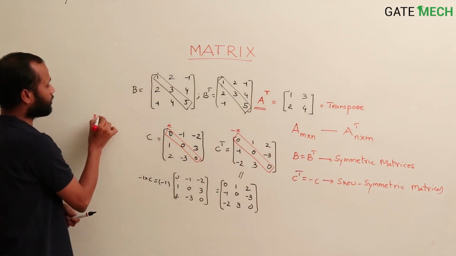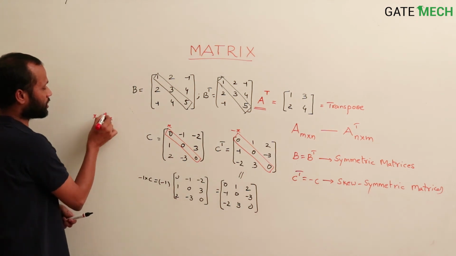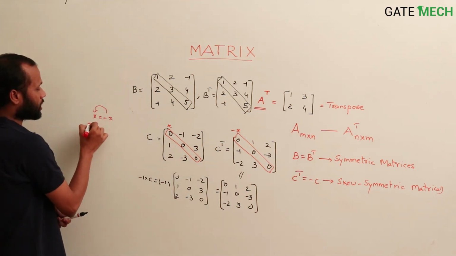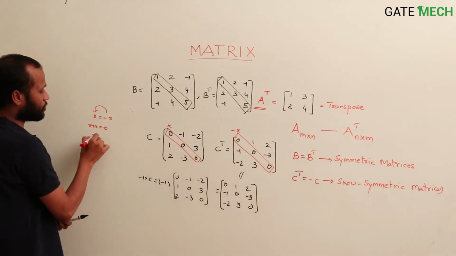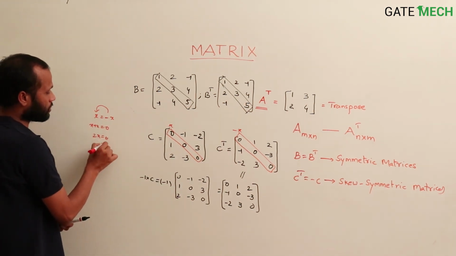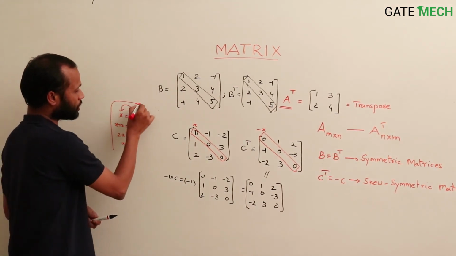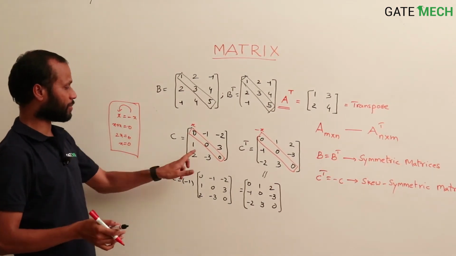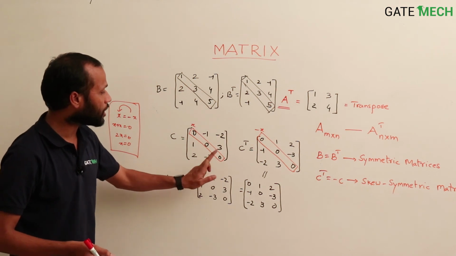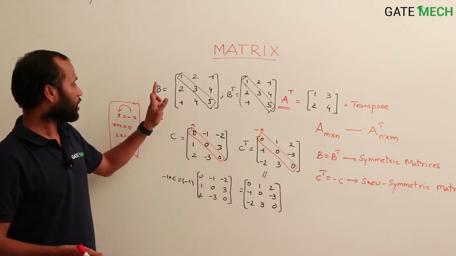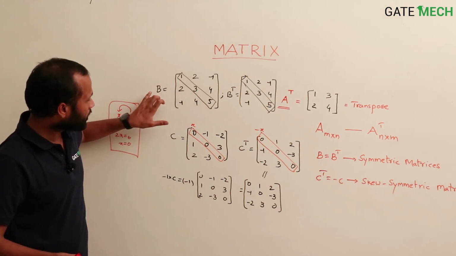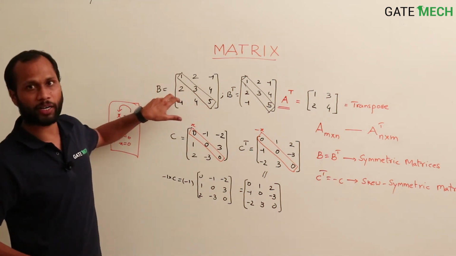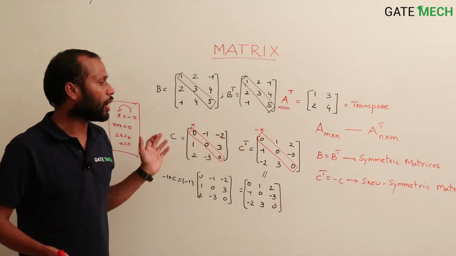So X shall be equal to minus X. What will it come to? X plus X is equal to 0. Minus X will become plus X here, so 2X is equal to 0, so X is equal to 0. So for a matrix to be skew-symmetric, all the diagonal elements shall be 0. For a symmetric matrix, the diagonal elements in the original matrix and in the transposed matrix are the same.